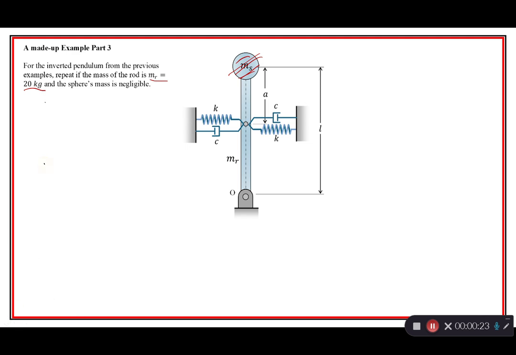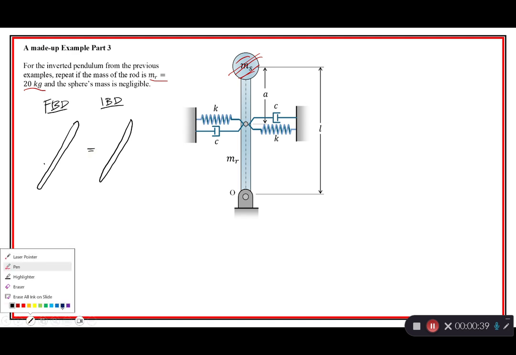So I will draw out the FBD and the IBD and put these on here. Now it's going to have the same values as I had in the previous problem. Some of this formulation is going to be a bit different. So we got Mg and the rod, right here in the middle.